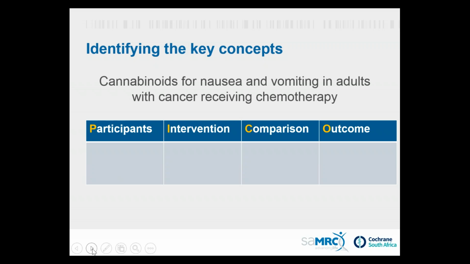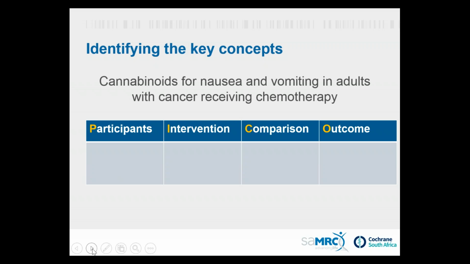You can type it in the chat box. Yes, we have adults. Yes, that's correct. Adults with cancer. Exactly. Great. So we're looking at adults with cancer receiving chemotherapy. Fantastic. So now we look at the intervention.